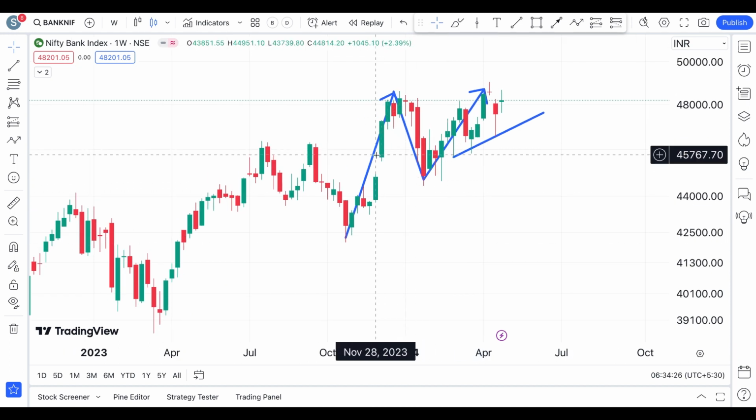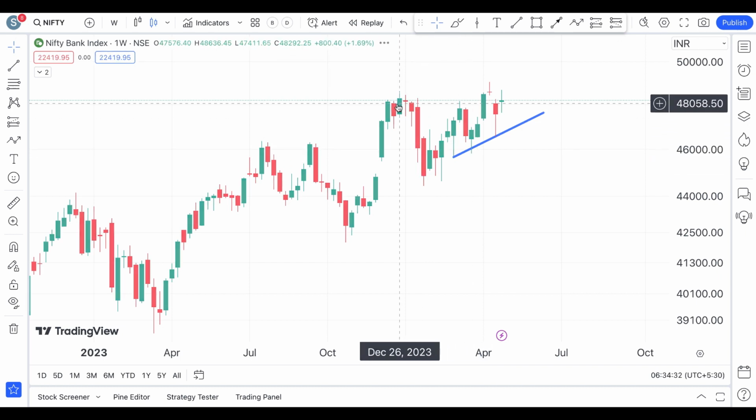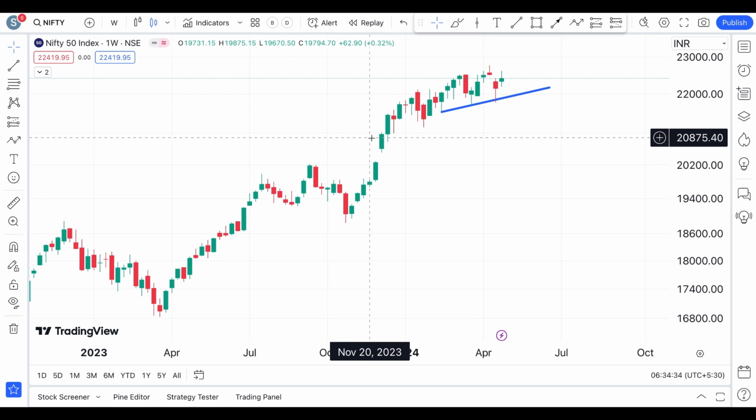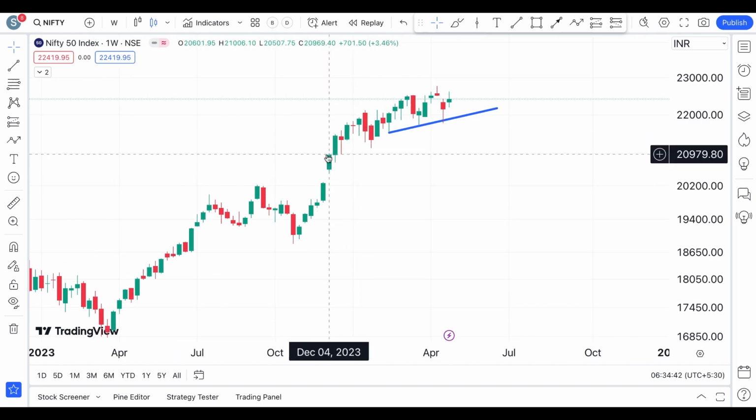Moreover, there is one important thing we can notice here. This is Nifty's chart. I keep on switching, but don't worry, I'll tell you which chart we are in. In the Nifty's chart, you have seen this gap and close, right?